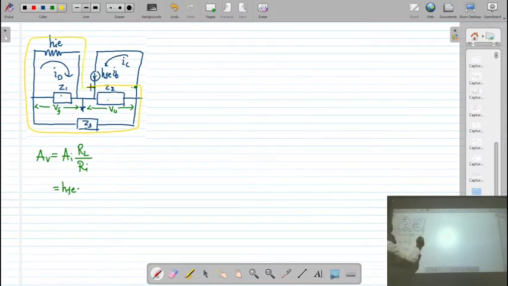Remember, the equivalent circuit of this will give the load for your amplifier circuit, and let us say it is ZL. Then we will calculate ZL, and the input resistance of our transistor is hie.